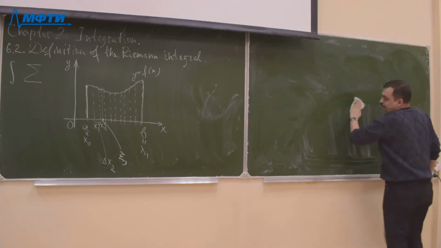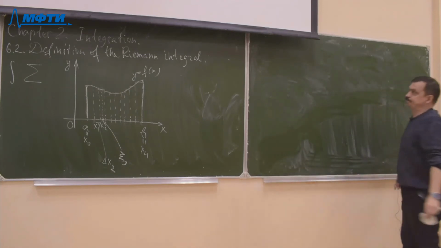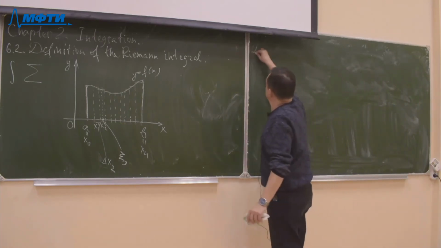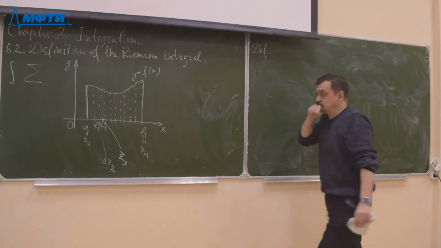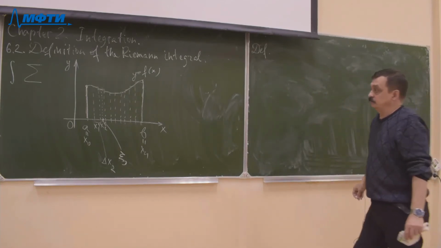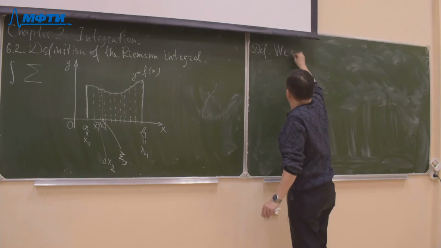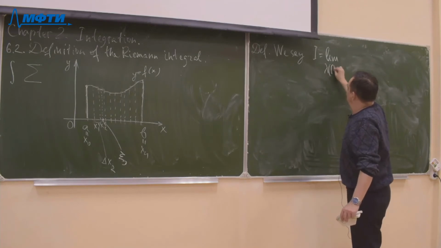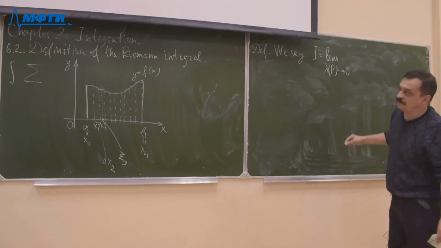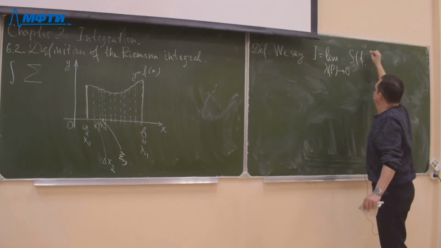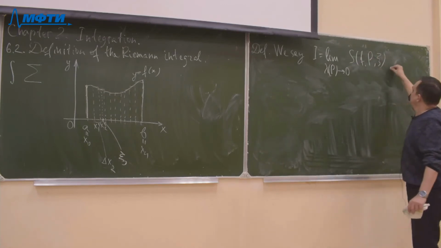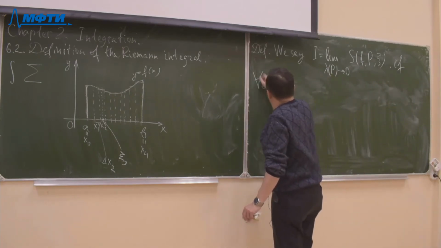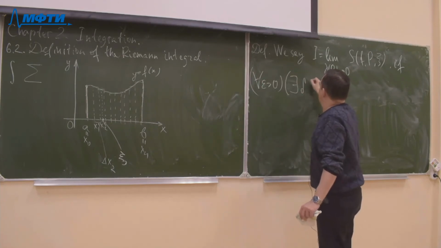So let me give the following definition. We say I equals the limit as lambda of p tends to 0 of integral sums if for arbitrary epsilon greater than 0 there exists delta greater than 0.